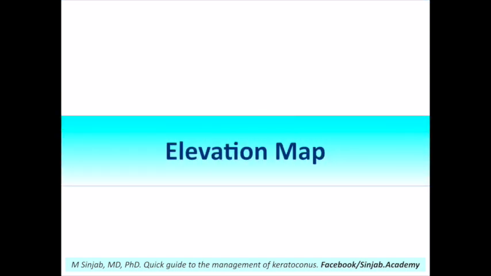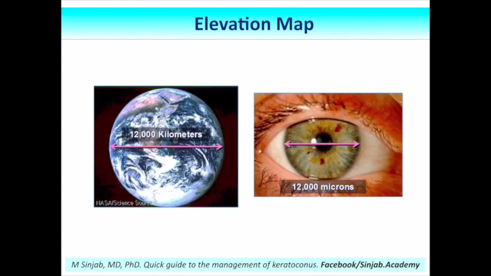The elevation map. There is a similarity between the Earth, where we live on, and our globe, the cornea of our globe. As you see here in these pictures, the diameter of the Earth at the equator is 12,000 kilometers, while the horizontal diameter of the cornea is 12,000 microns.